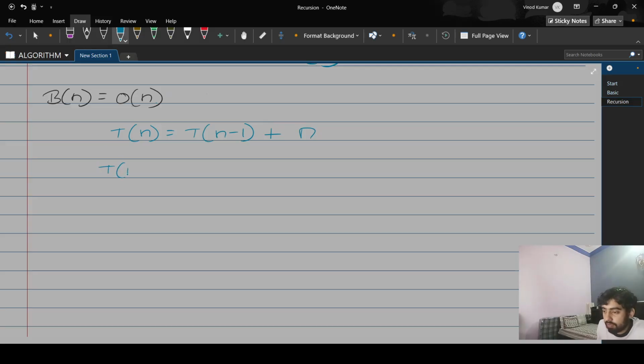Now let's find for T of n minus 1. You have to keep the value of this in this equation, which will lead to n minus 1 plus n, keeping the value of it as n minus 1.